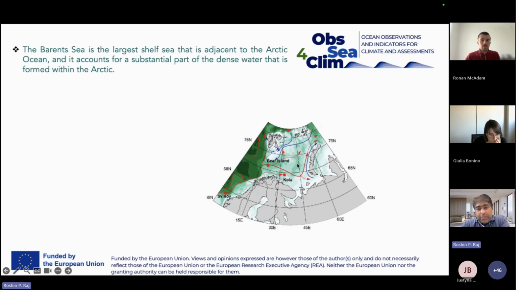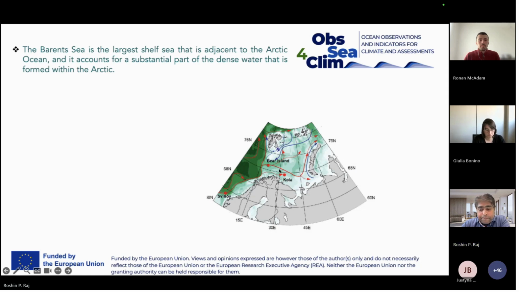The south is dominated by Atlantic water, which is usually warm, while the northern part is dominated by Arctic waters, which are cold. So there are two distinct regions in the entire Barents Sea.